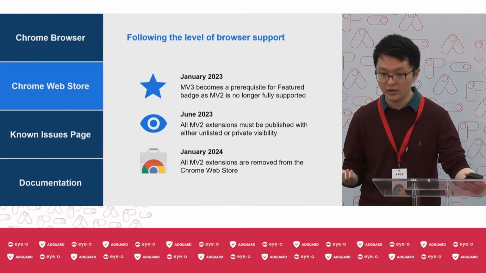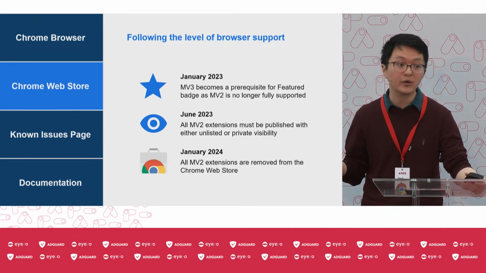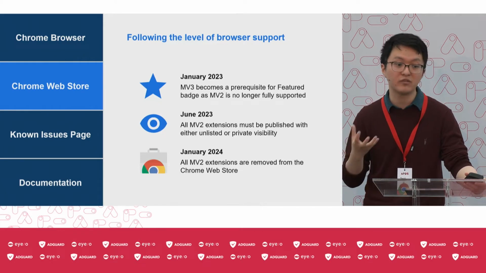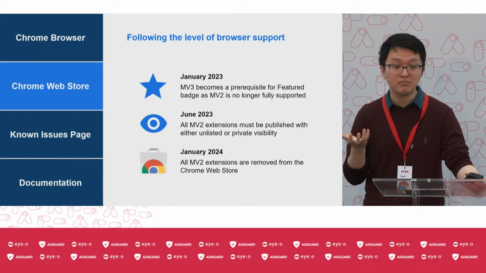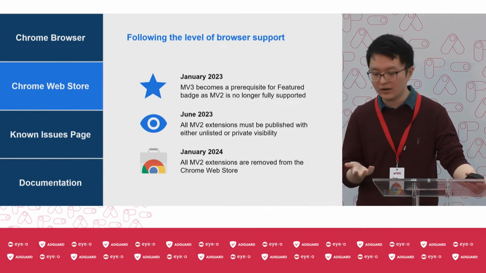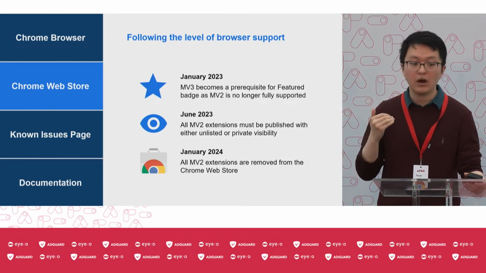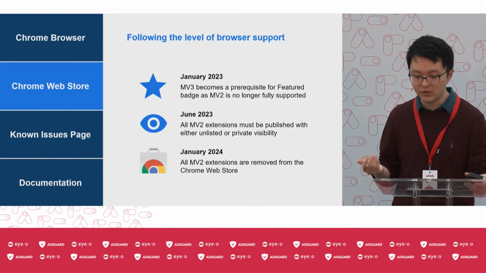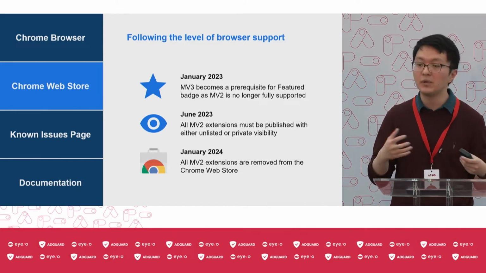In January 2023, as we start experiments in Canary, Manifest v3 becomes a prerequisite for the featured badge, which is one of the badges that we'll talk about later, as Manifest v2 is not guaranteed to work for everybody in Canary. In June of 2023, we are imposing the requirement that all Manifest v2 extensions must be published as either unlisted or private visibility. People can still access it.